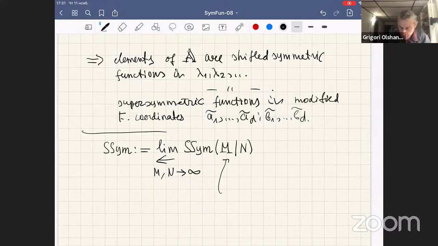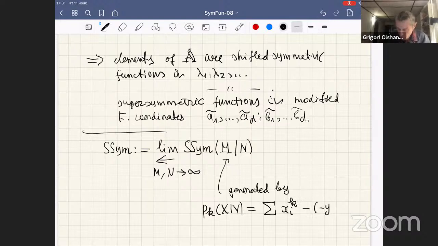This algebra is generated by supersymmetric polynomials, which is the sum of x's minus, maybe it's better to write again a sum, another sum.